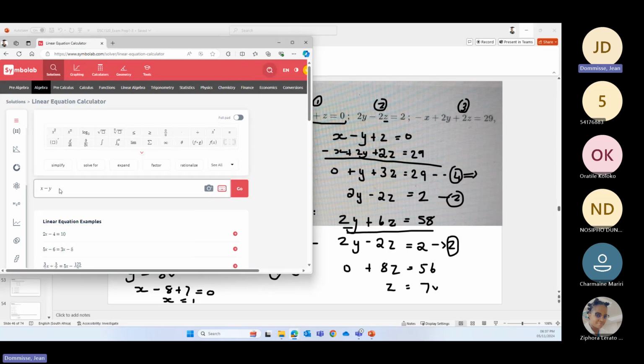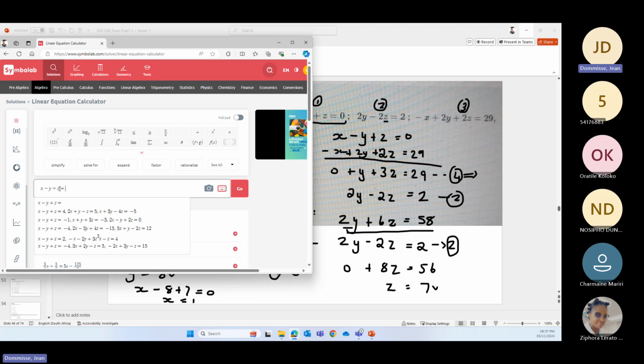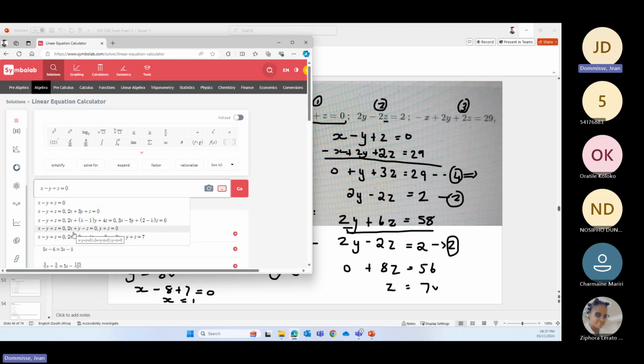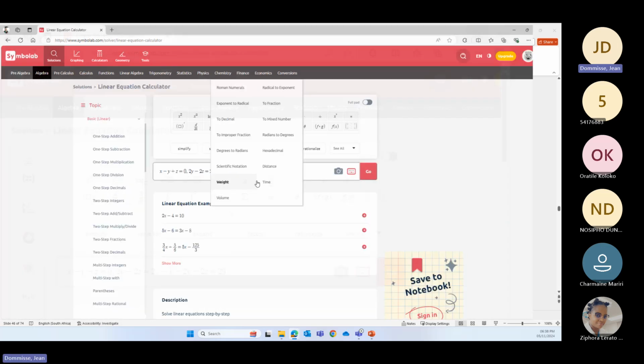So x minus y, I think, plus z is equal to 0. So let's see if I've used it before or if somebody else has used it before. No. Then 2y minus 2z is equal to 2. And then minus x plus 2y plus 2z is equal to 29. Okay, and then we say go.